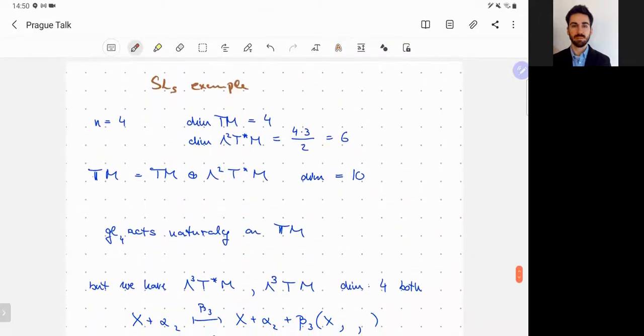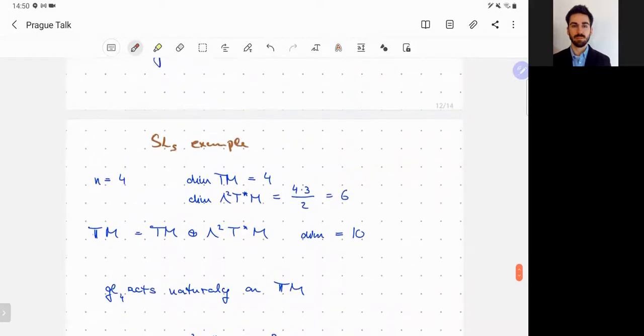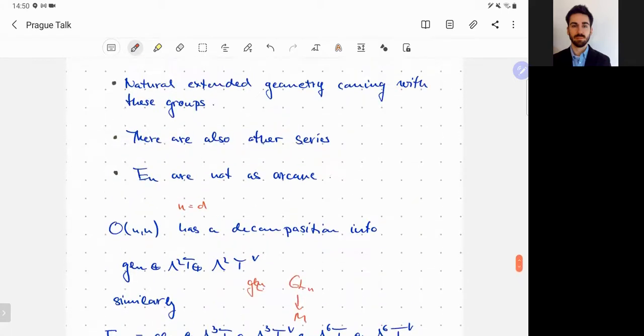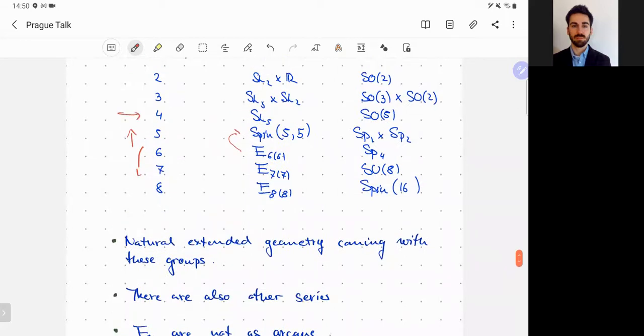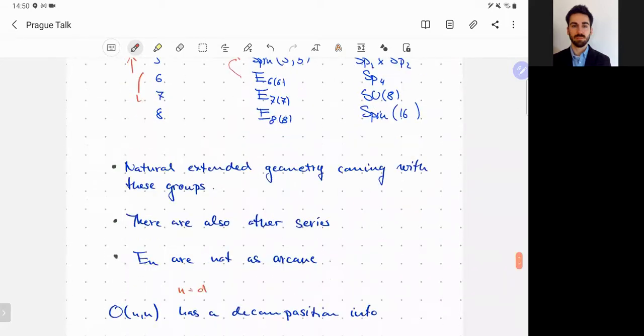And now I'm almost heading towards the end of what I was going to say. I want to give you a simple example of what the geometry looks like, this four-dimensional geometry with SL5.